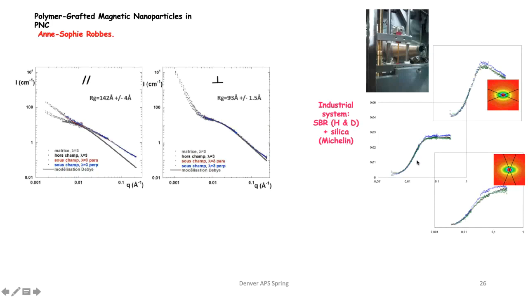We also observed the same identity between the chain with fillers and without fillers. And also in another case, magnetic nanoparticles dispersed in polystyrene, in which again you don't see much difference between the deformed chain in presence of fillers and without fillers.